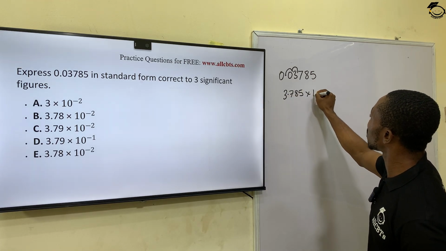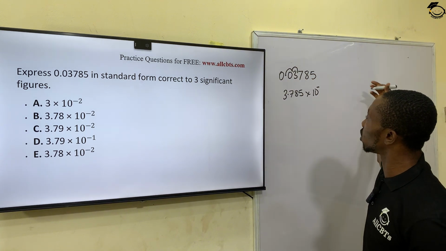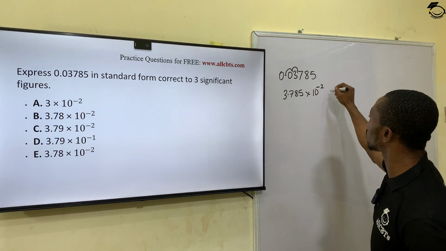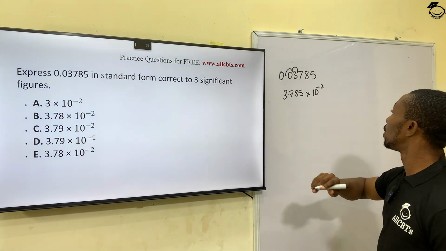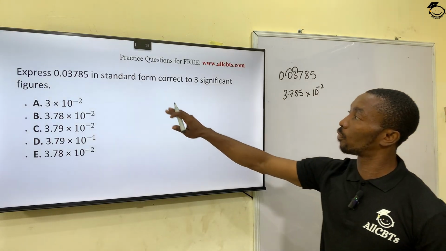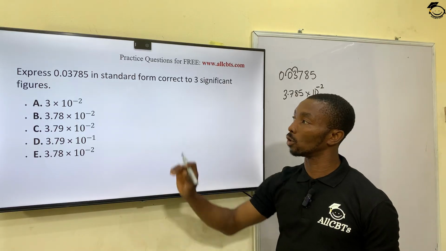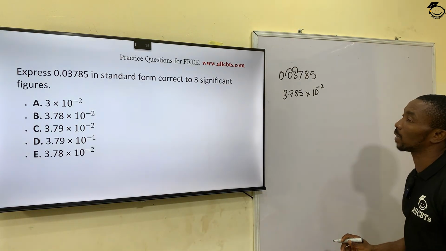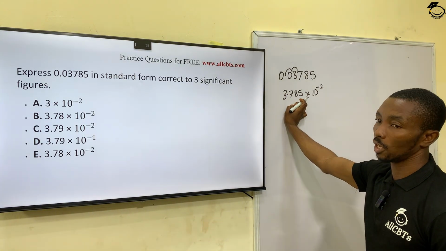So this becomes 3.785 times 10 raised to power. How many times did we move the decimal? 2. But since it's backwards, it becomes minus 2. Now, our next line of the question says correct to 3 significant figures. Now, 3 significant figures means we just need 3 digits here.